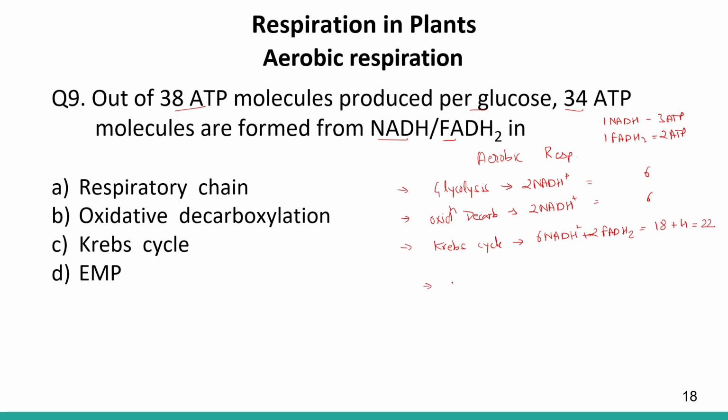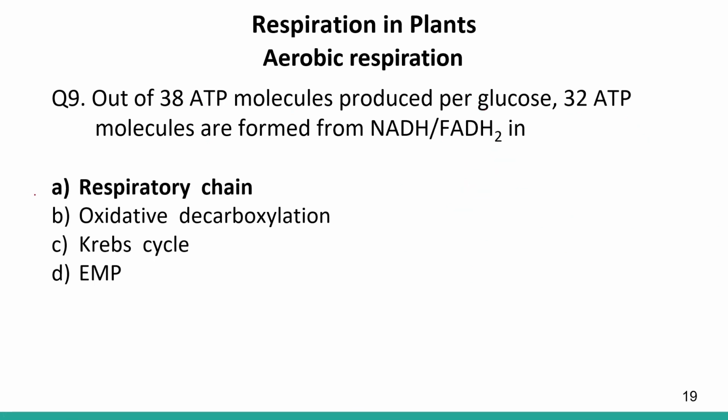Now if we add 6 plus 6 plus 22, the answer is 34 ATP. So out of 38 molecules per glucose, 34 ATP molecules are formed from NADH and FADH2. The answer is respiratory chain, or the aerobic respiration.